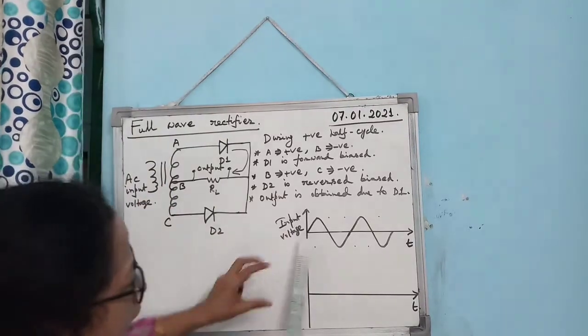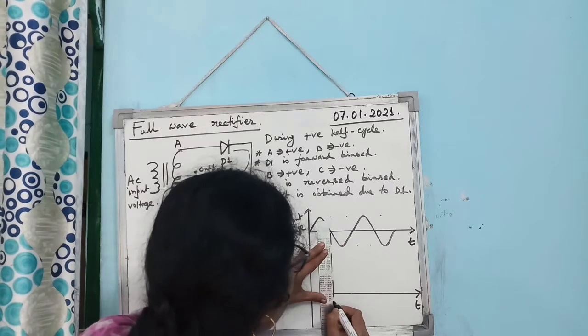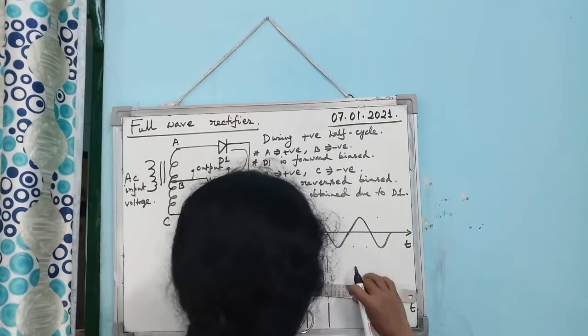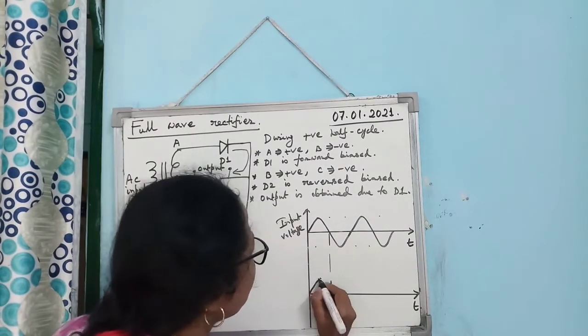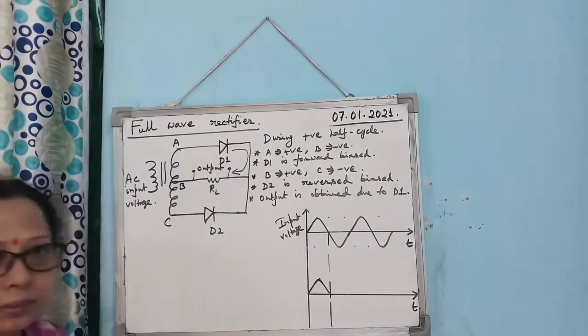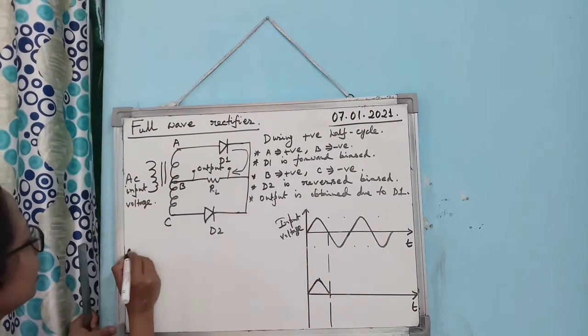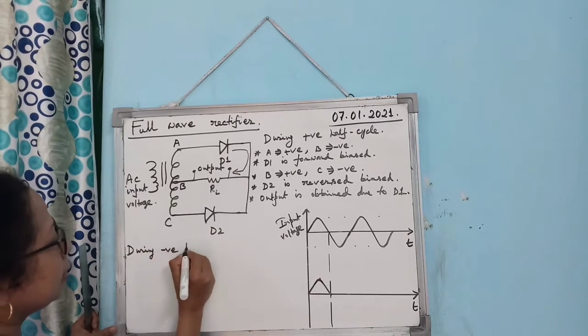Okay. So if you consider the output, you will get the output for the positive half cycle. Is that clear?